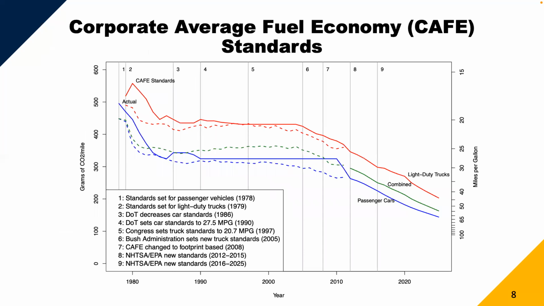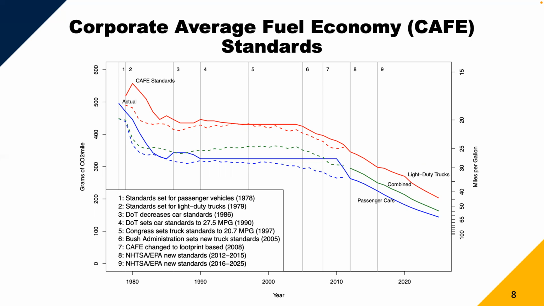So here is a somewhat outdated plot, but this is the corporate average fuel economy standards historically. So there's a bunch of lines here, what's going on. You've got a red line and a blue line. The blue line was the first one. So this is for passenger cars.